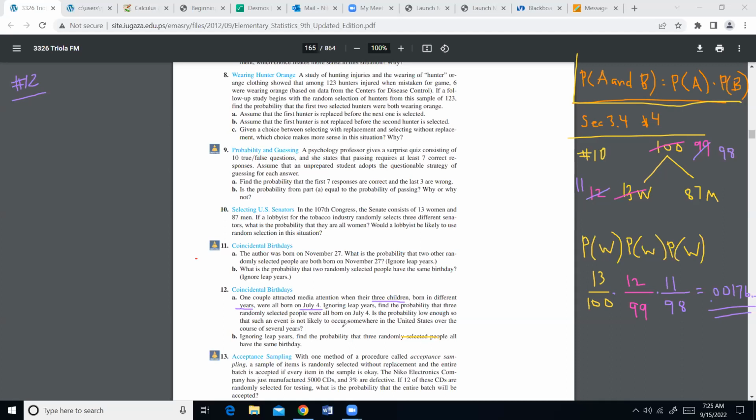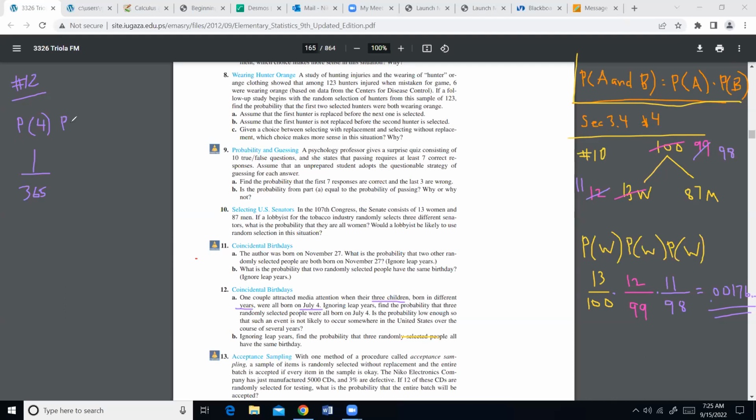How about that? So what's the probability that a child is born on July 4? Out of 365 days, how many July 4ths are in a year? I guess only 1, right?